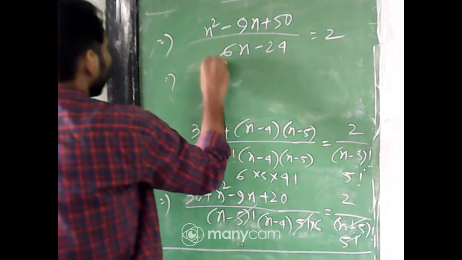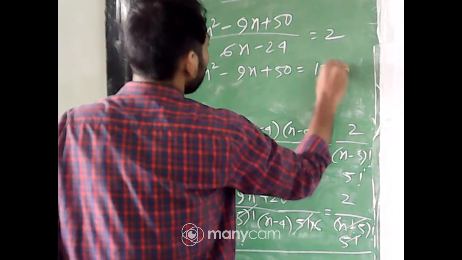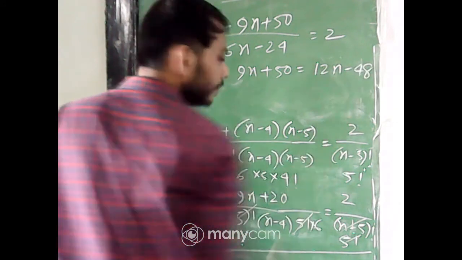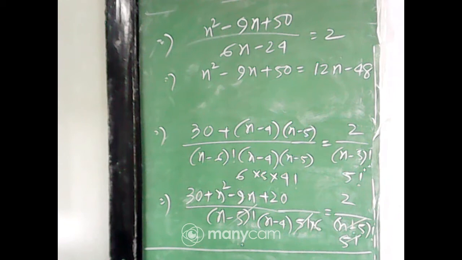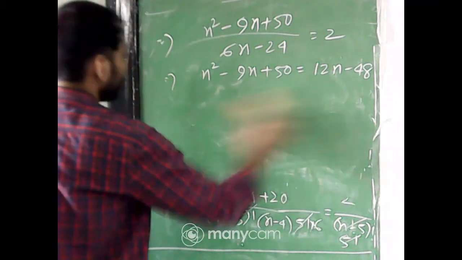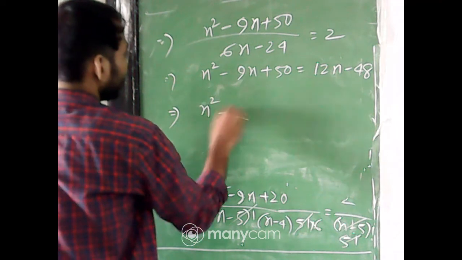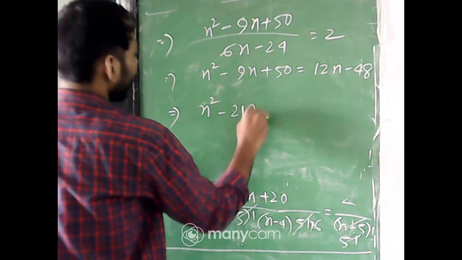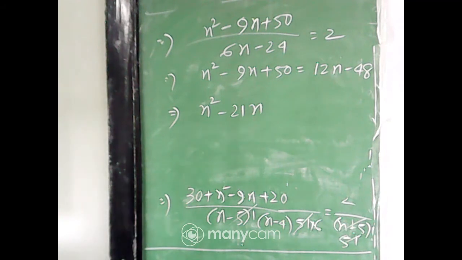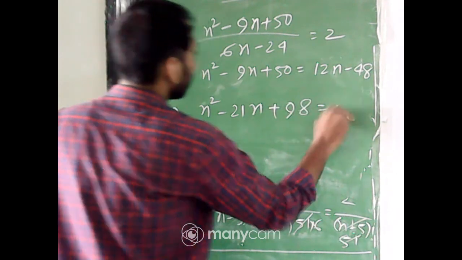That means n square minus 9n plus 50 equals to 12n minus 48. Whenever the terms of right hand side move to the left hand side, it will be n square minus 21n plus 98 equals to 0.